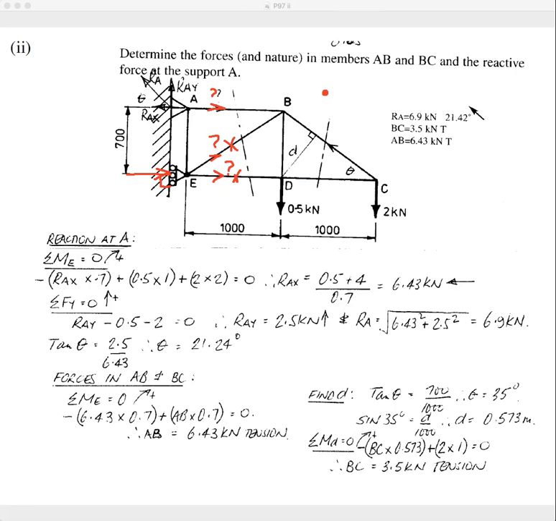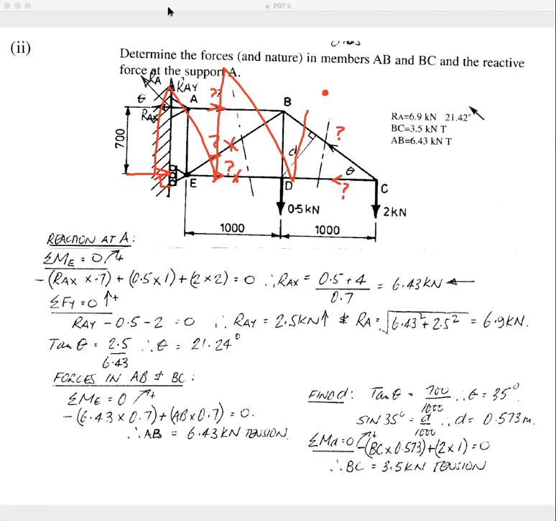So this section is gone, and all we're left with is this part of the truss. And I'm going to put that in as a tensile force there, and I'll put a question mark there, and I'll put that as a tensile force there. I'll put a question mark there.